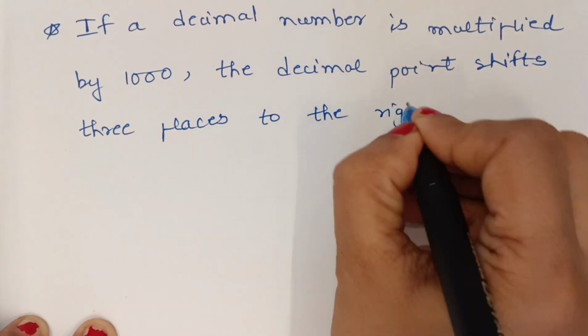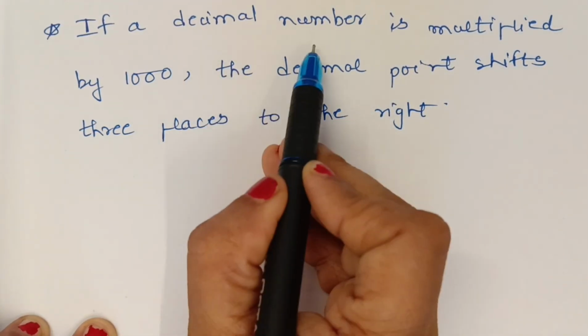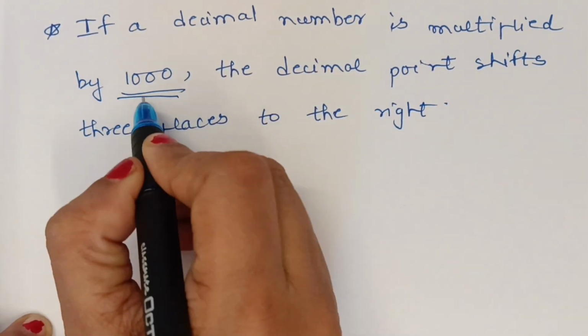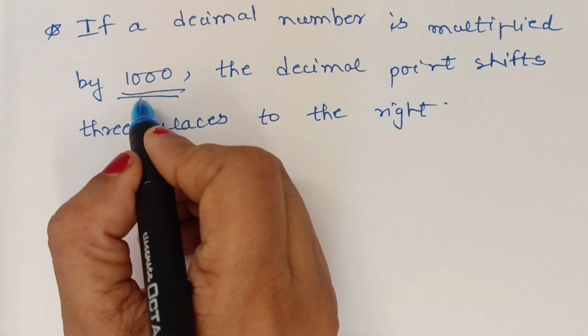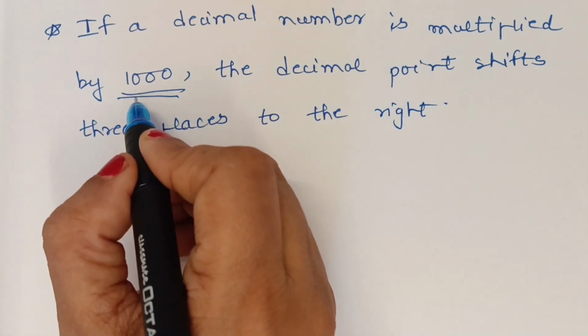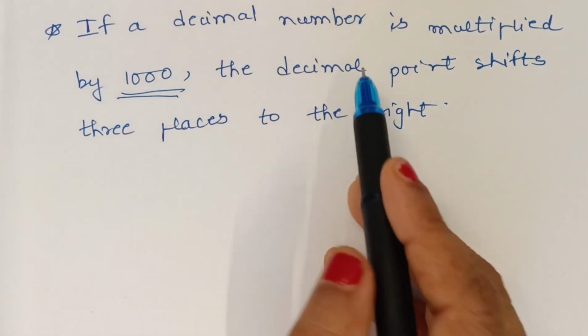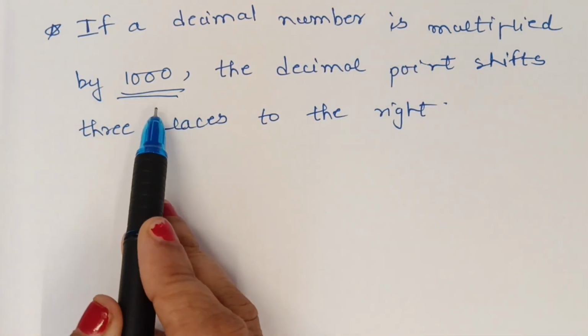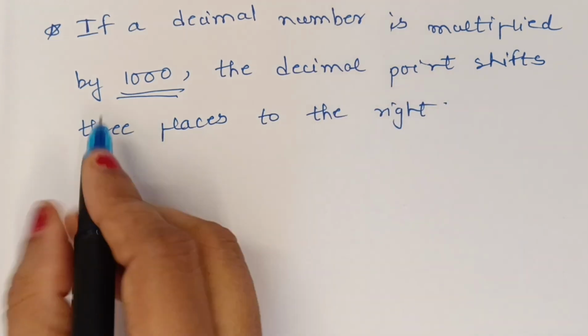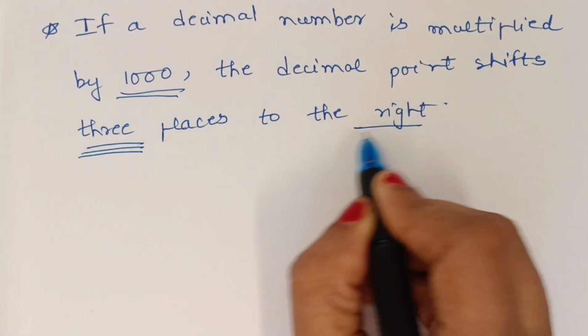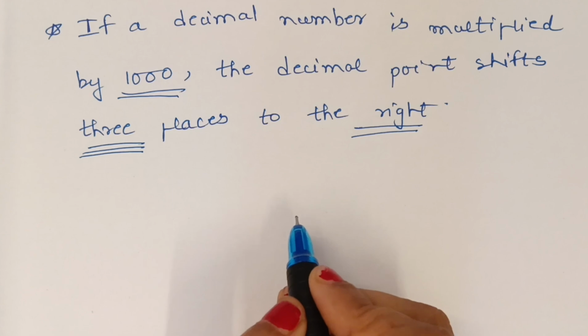Very important condition. Whenever a decimal number is multiplied now by what? In the previous pages what we have seen, it was multiplied with 10, then 100, and now the decimal number is multiplied by 1000. Then the decimal point shifts 3 places to the right, not to the left, to the right.